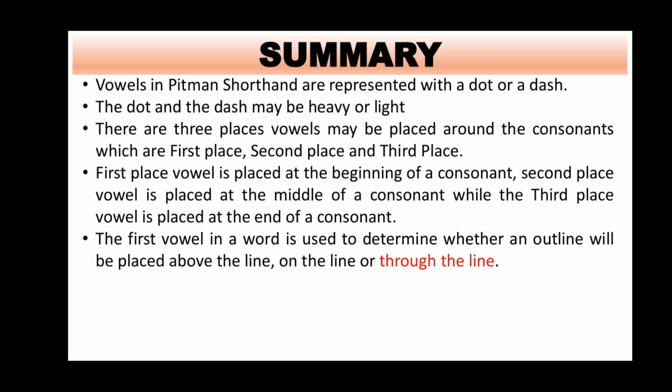If the first vowel in a word is a second place vowel, the first consonant will stop on the line. Also, if the first vowel in an outline is a third place vowel, the first consonant will be drawn through the line, which means the vowel in every word in Pitman Shorthand will determine the position of the first consonant.